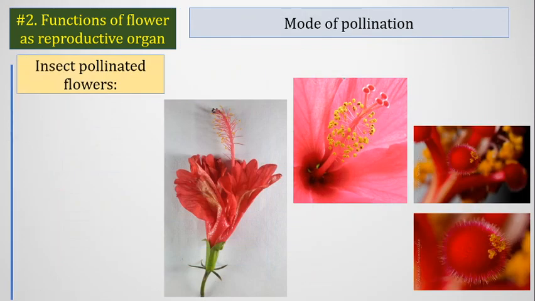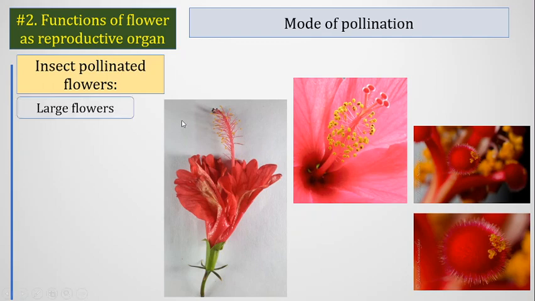Now we will categorize flowers by their mode of pollination. At first we categorize some flowers as insect pollinated flowers. That means the flowers that pollinate using insects. These flowers have some particular characteristics.